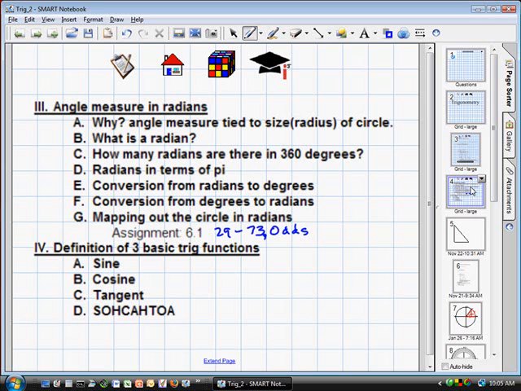But this time, instead of how far you rotate, it's defined by the arc along the unit circle. When that arc is 1 radius long along the curvature of the circle, we have an angle of 1 radian. So an angle defined by a length is a totally different concept.